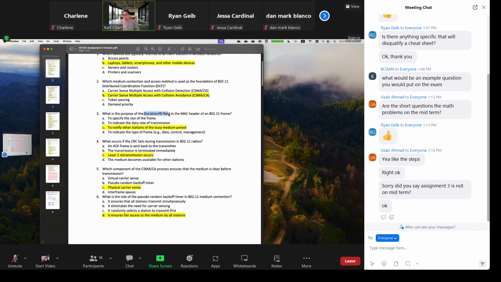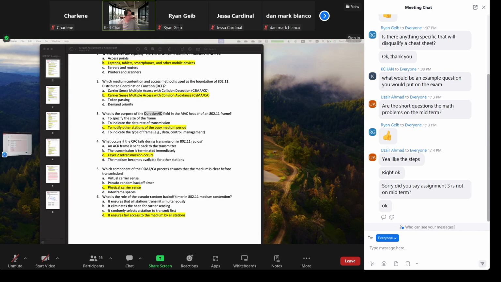Also we have the MAC frame, the duration ID field. This duration ID is a field, not the actual duration of the frame.